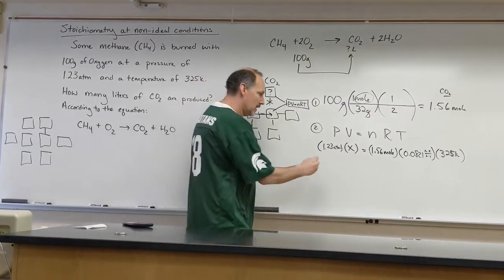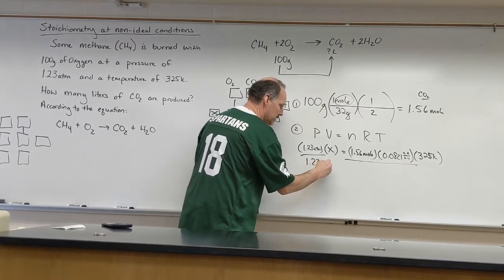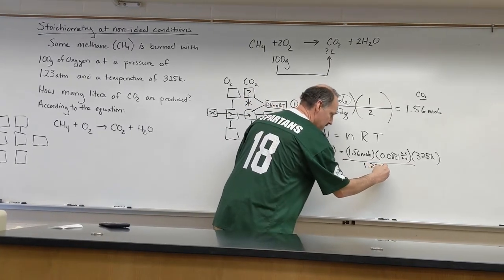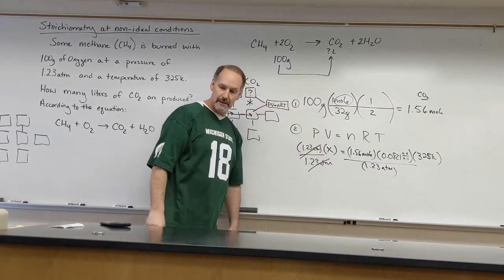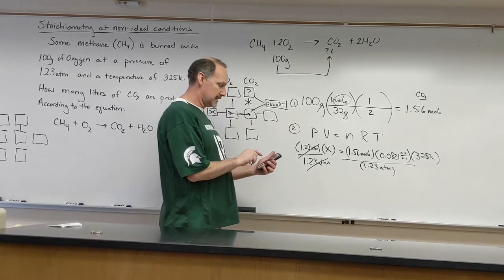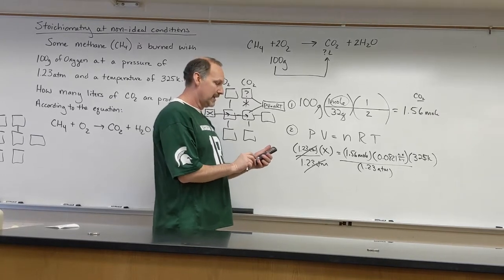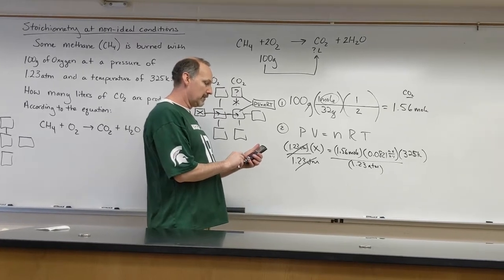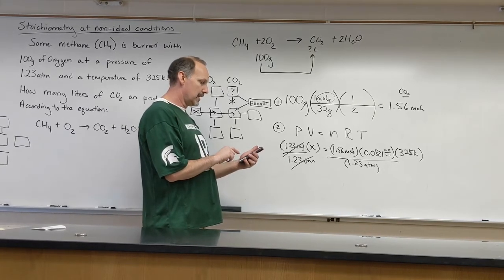How do we do that? We just simply divide out the 1.23 atmospheres. And that leaves us with X by itself. So to do the math, we're going to go 1.56 times 0.0821, equals, times 325, equals, and then divided by 1.23, equals.